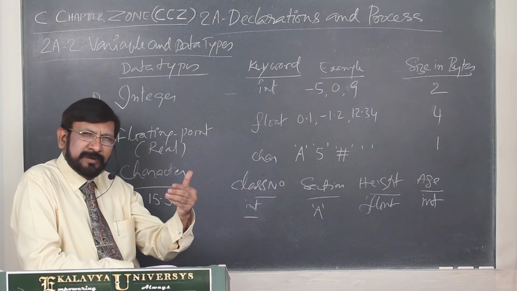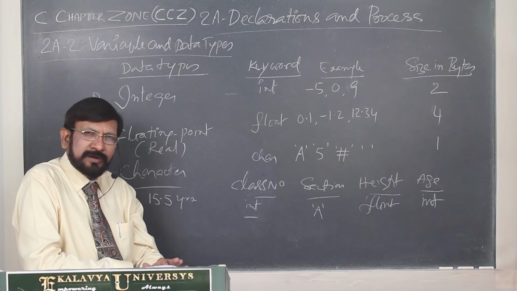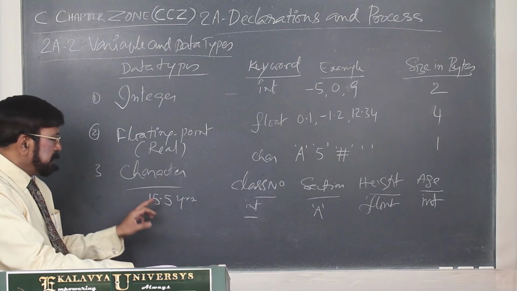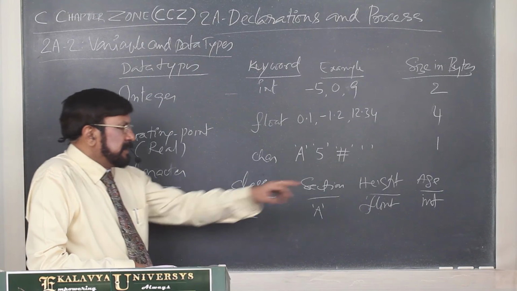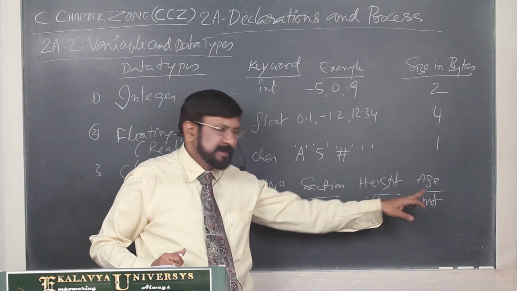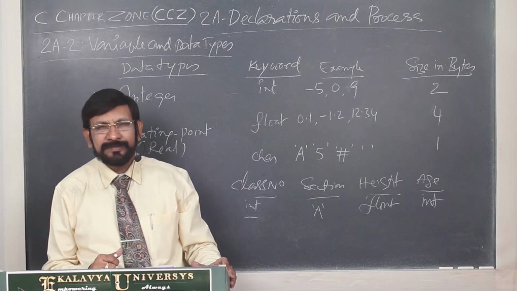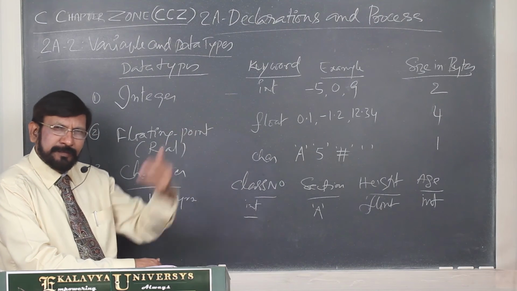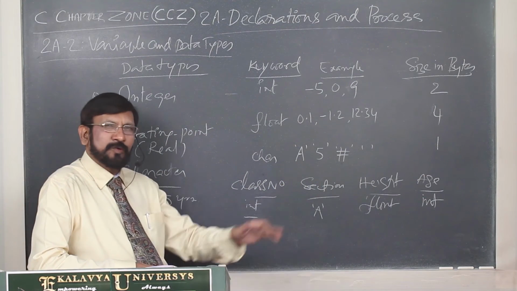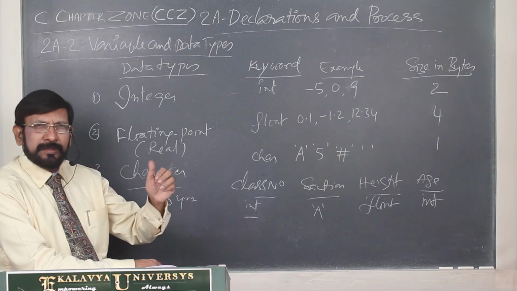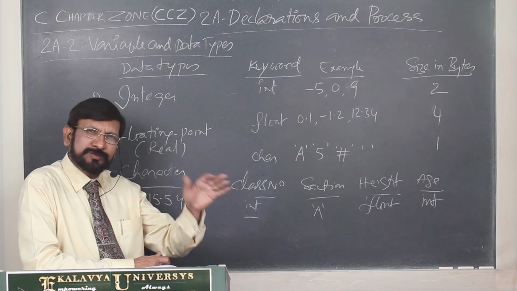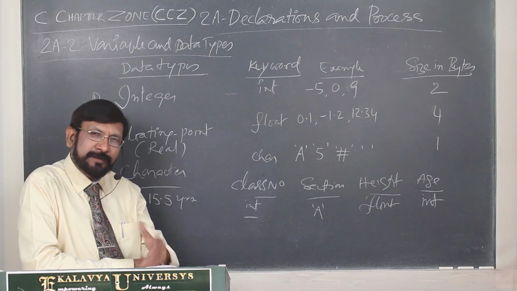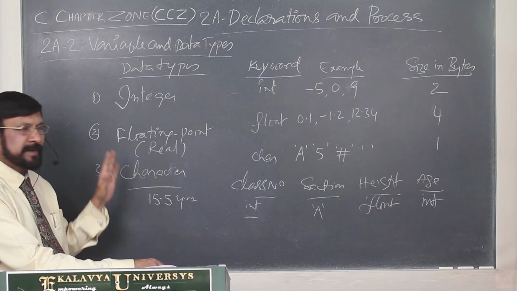If you have 15 years 4 months, you are not eligible. In such a case, declaring it as int is not prudent. Because this program demands it, you have to take it as a float. In this way, there are no hard and fast rules. Depending on your requirement, you have to use the right data type.